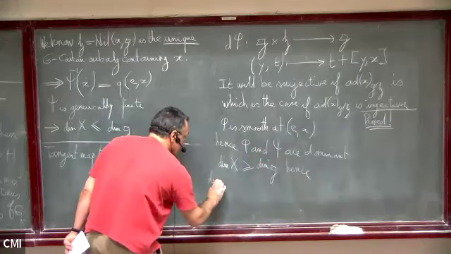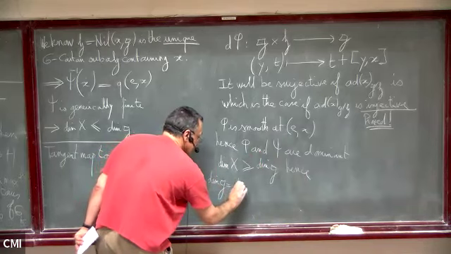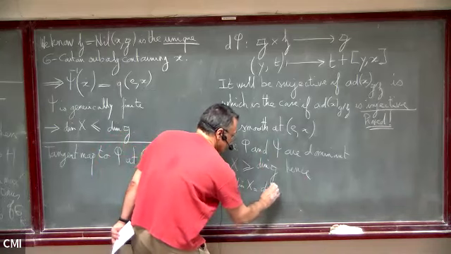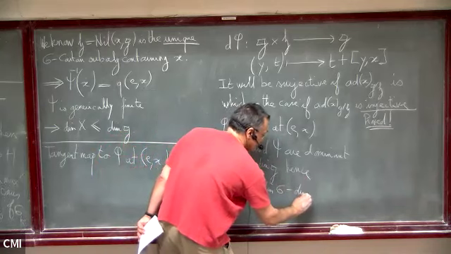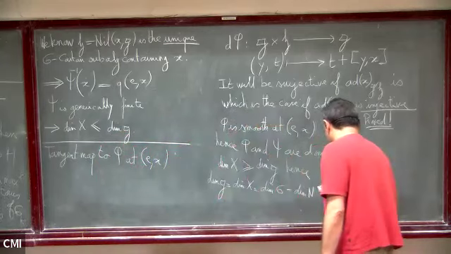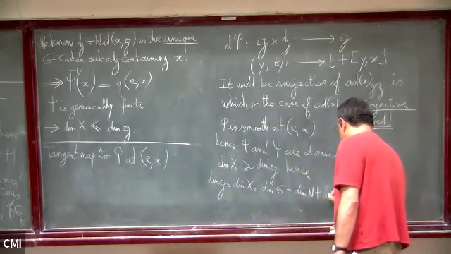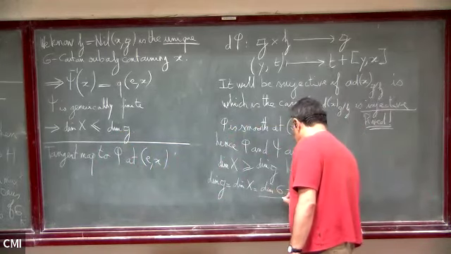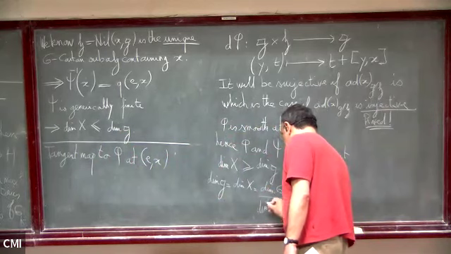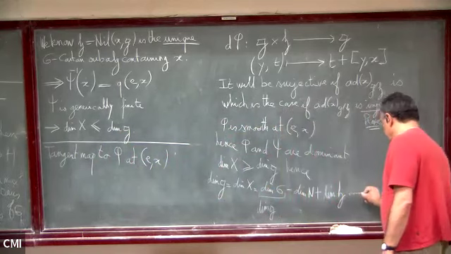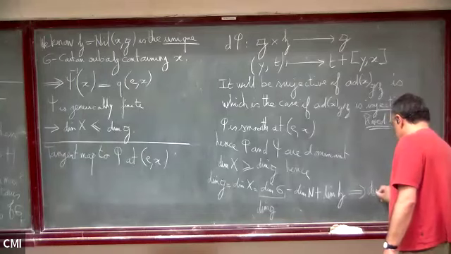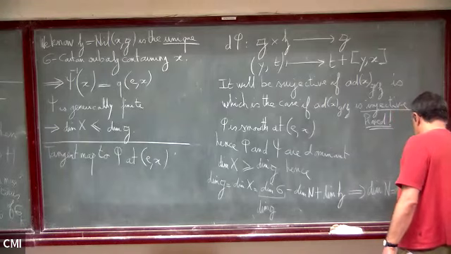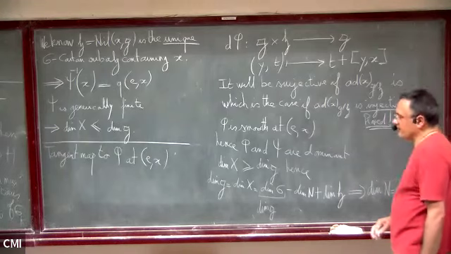Hence the dimension of G is equal to the dimension of the source, which is the dimension of G minus the dimension of N plus the dimension of H. And since G is smooth, this is the dimension of the Lie algebra. And so we get that the dimension of N is equal to the dimension of H.